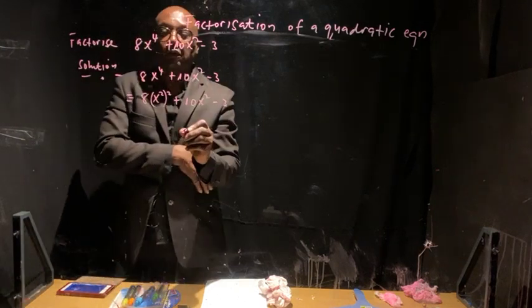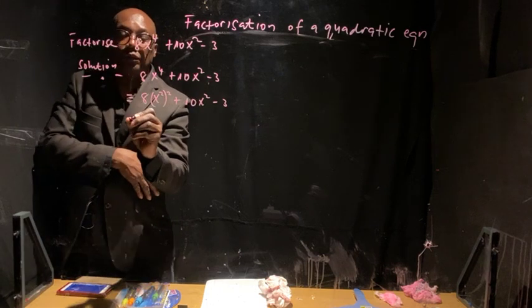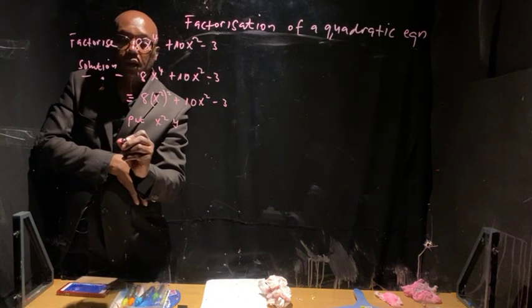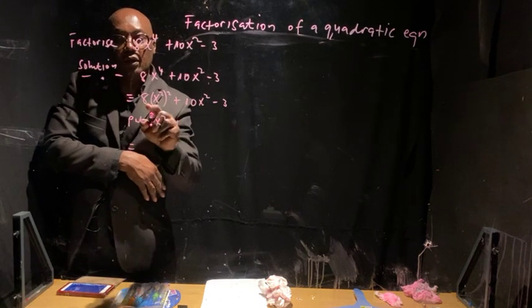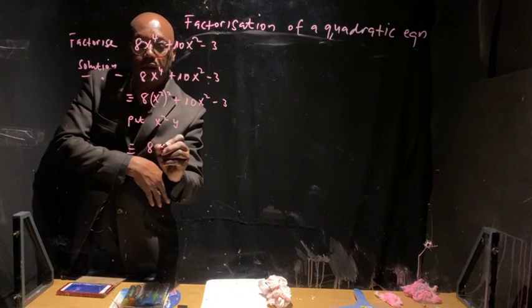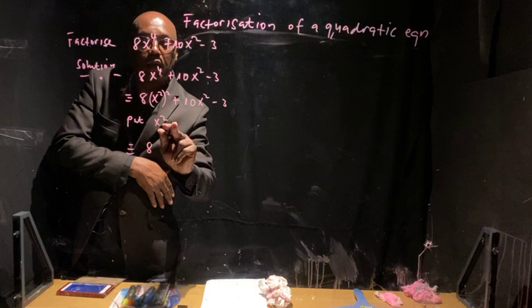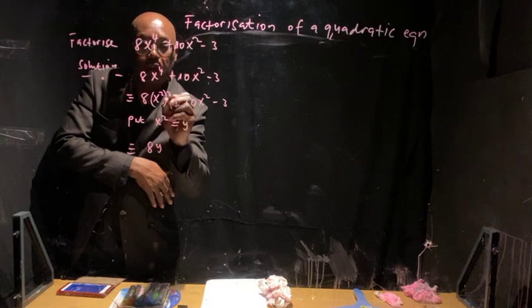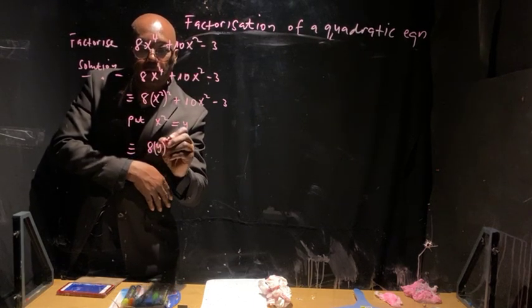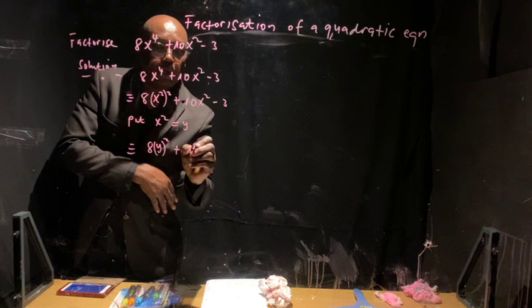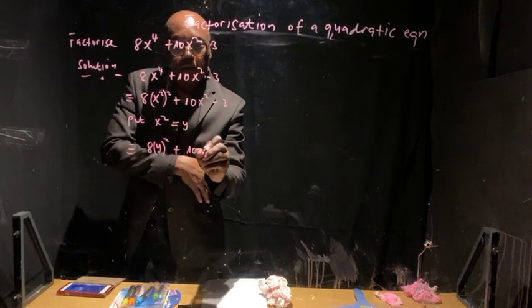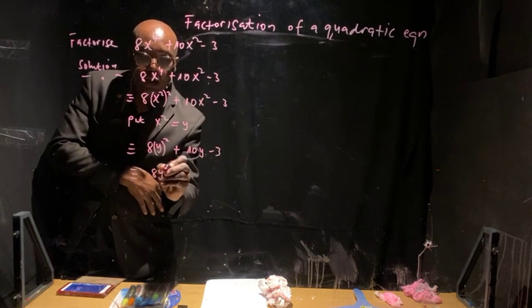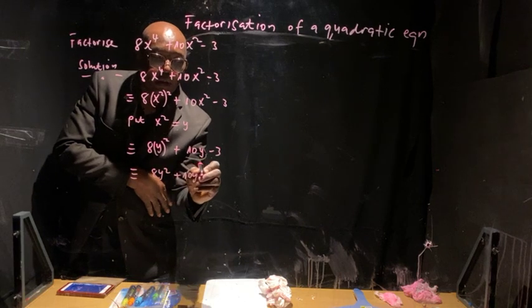Put x squared equals y. In this case, this expression becomes 8y squared plus 10y minus 3.